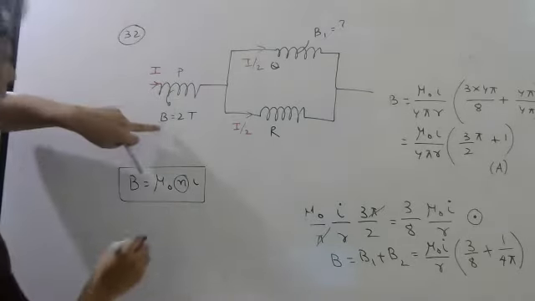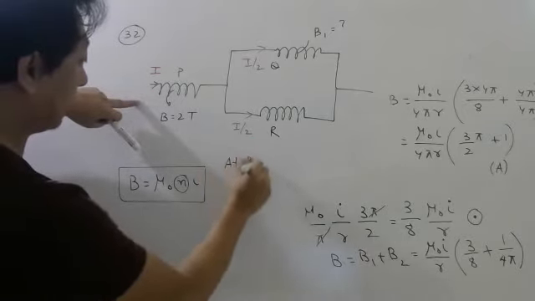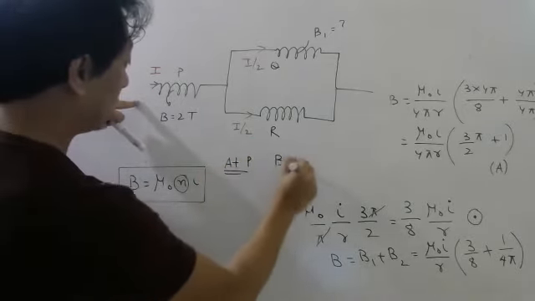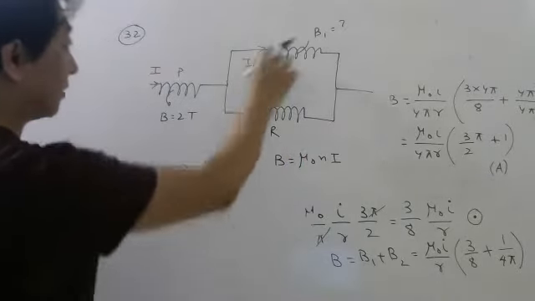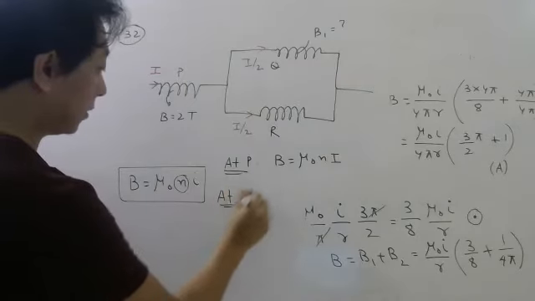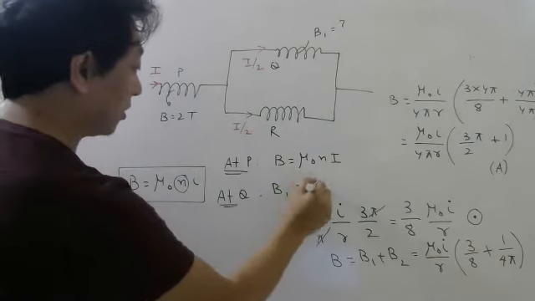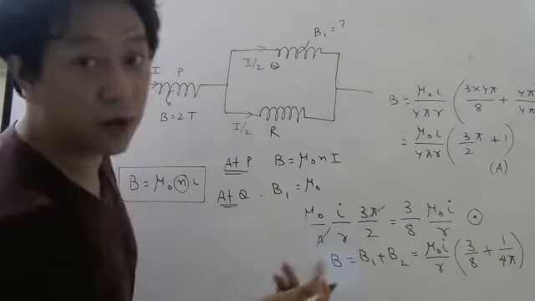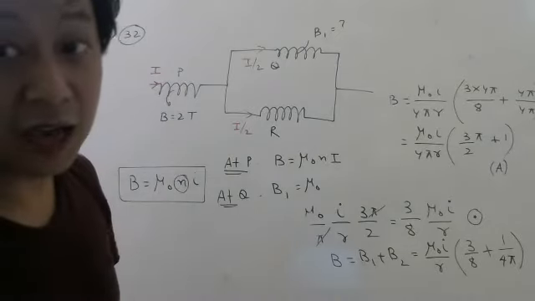So here this magnetic field is given, right? So at P, what will be the magnetic field? Mu naught n i. At Q they are asking. Magnetic field I wrote B1. That will be what? Mu naught is constant. n will be same. Why n will be same? Because same number of turns will be there. Why? Because it is identical.